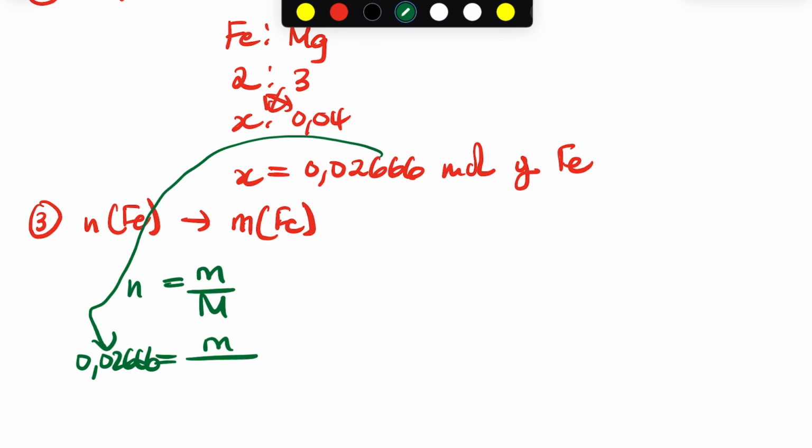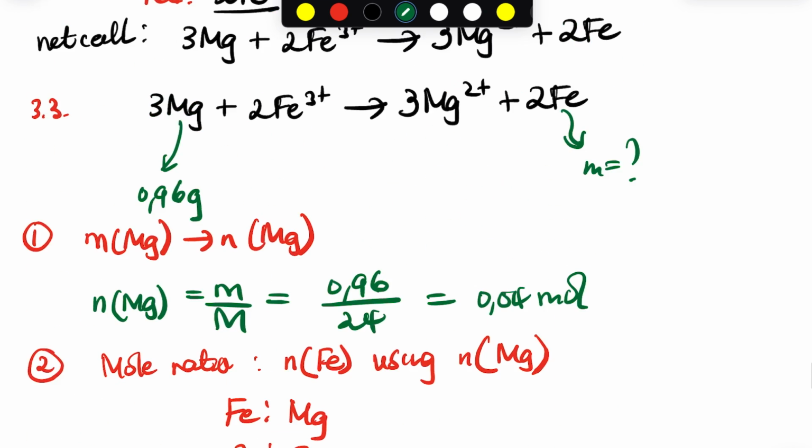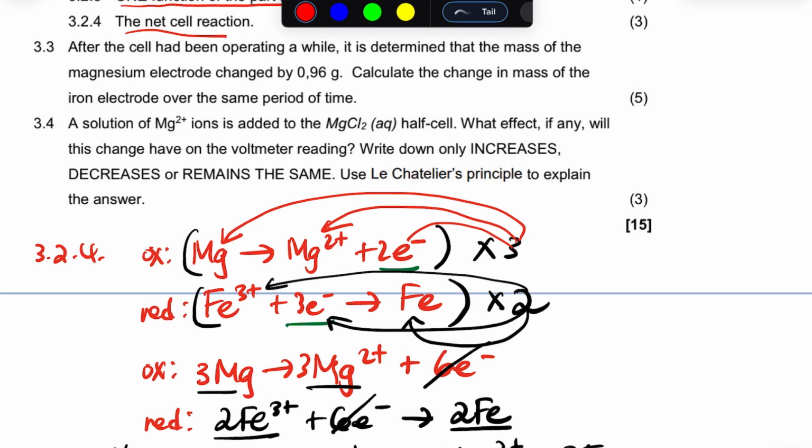Yes, the mass of iron is 56. So if I multiply by 56, using the answer on my calculator, the mass of iron has increased by 1.49 grams. This is the mass change, or the mass increase, of iron.